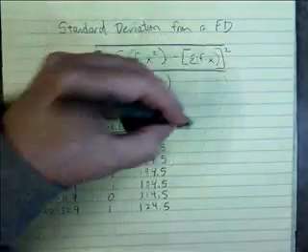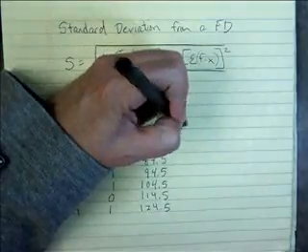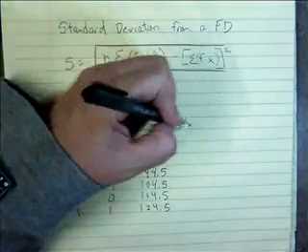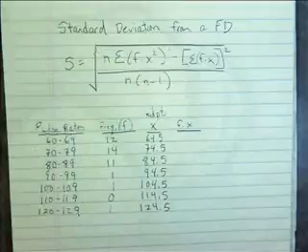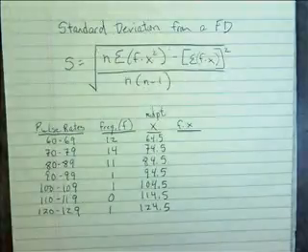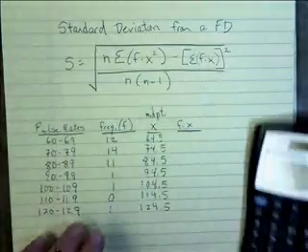We know that we're going to have to multiply f times x, and we did this in the previous problem when we were computing the mean, but I'll go ahead and do it again.